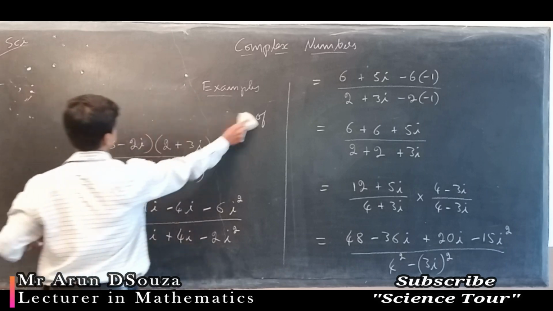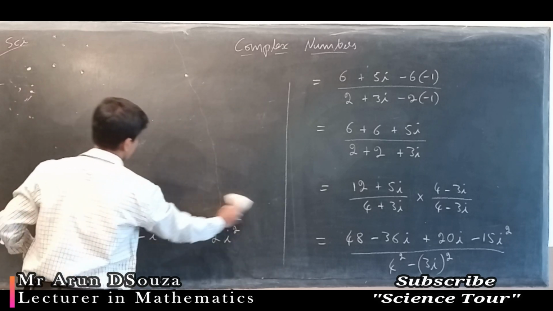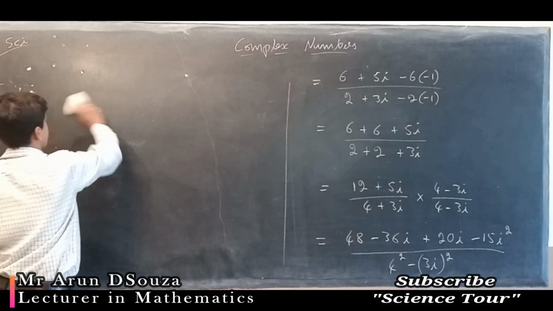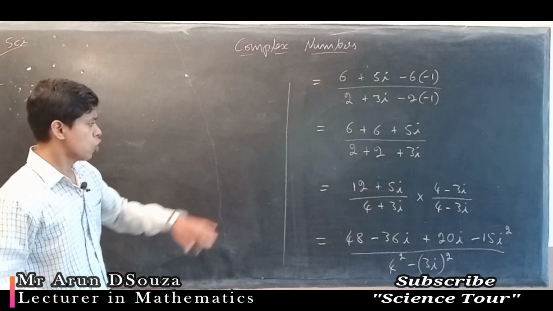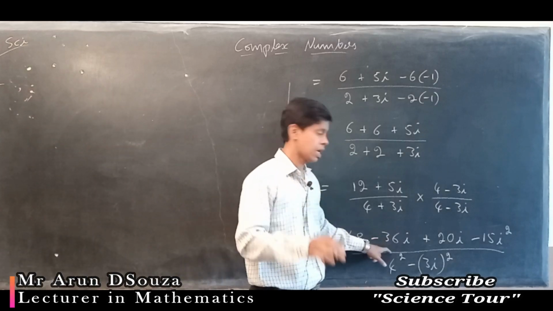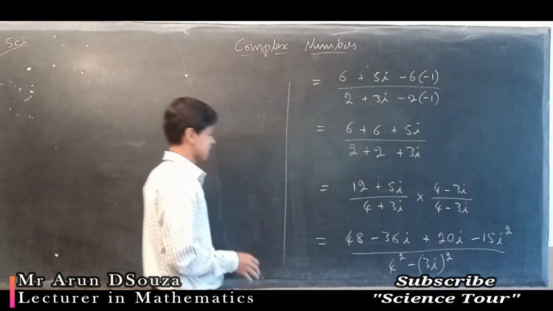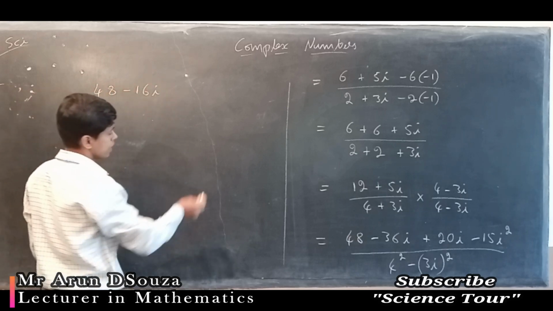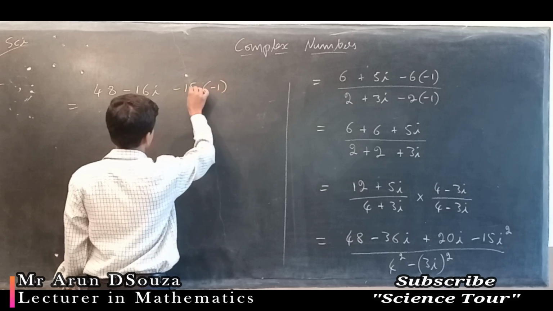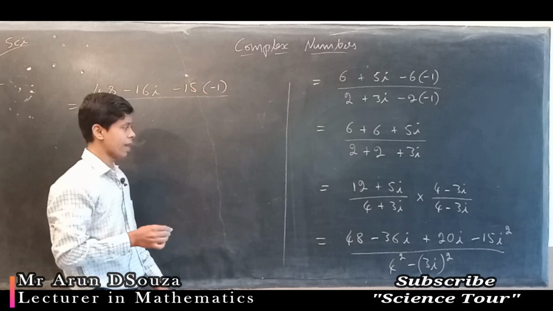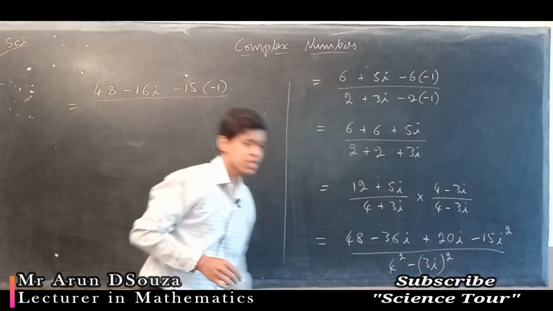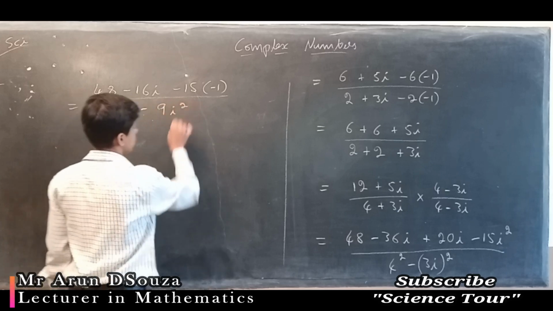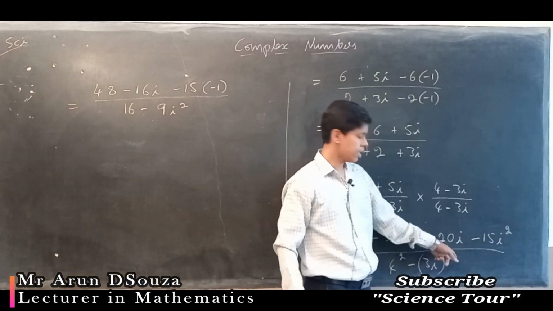Well, you got minus 36i plus 20i, so minus 16i. So start with 48, then minus 16i. Next you replace minus 1 in place of i square, divided by 4 square is 16 minus 3 square 9 and i square.